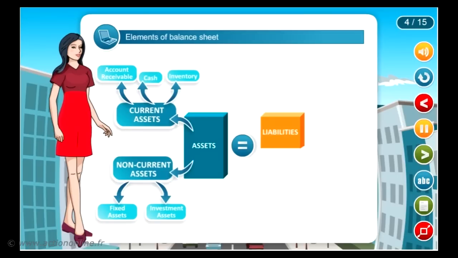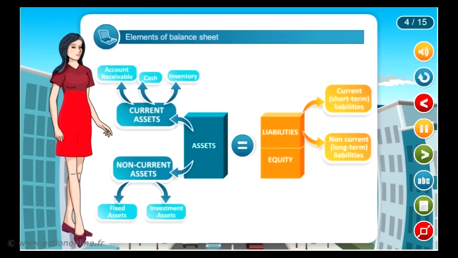Liabilities are usually classified into short-term and long-term liabilities and reflect the obligations the company must pay to third parties. Equity, a stock or any other security representing an ownership interest. Equity belongs to the stockholders and consists of capital stocks, retained earnings, and the net result, which corresponds to the profit or loss earned or incurred during the financial year.